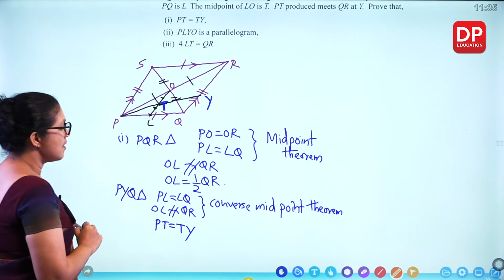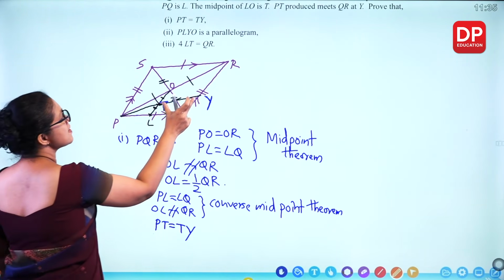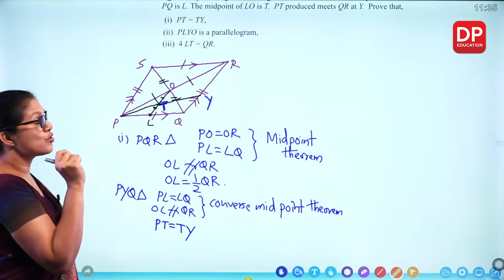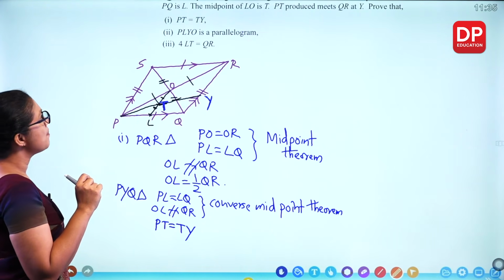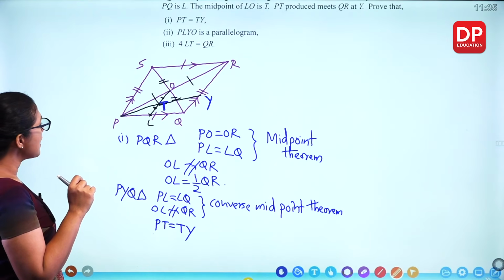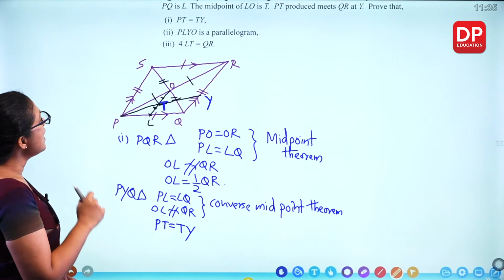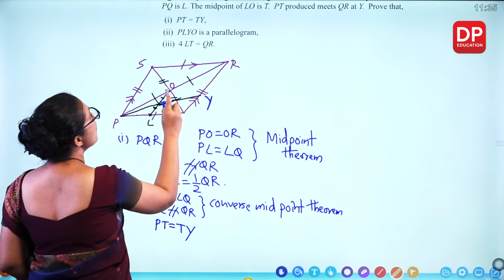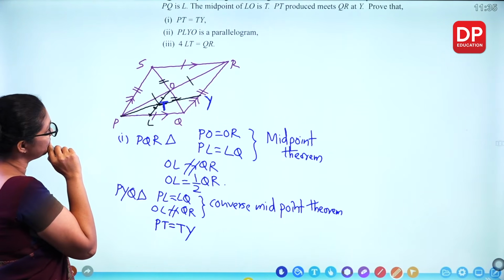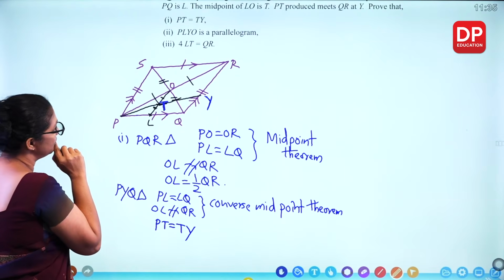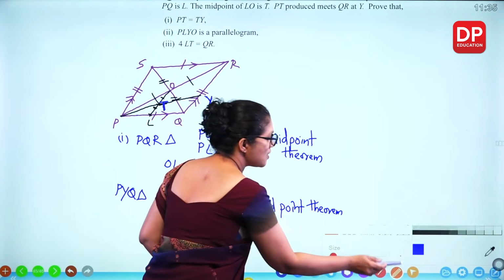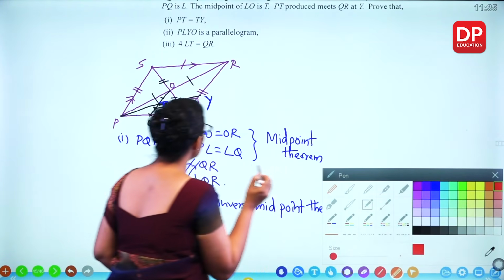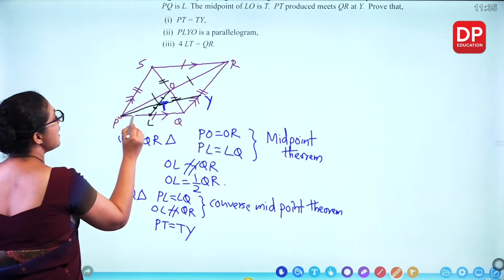That's the first part. So this distance is equal to this one according to Converse midpoint theorem. Then the second part, PLYO is a parallelogram. So we'll take a different color. PLYO.